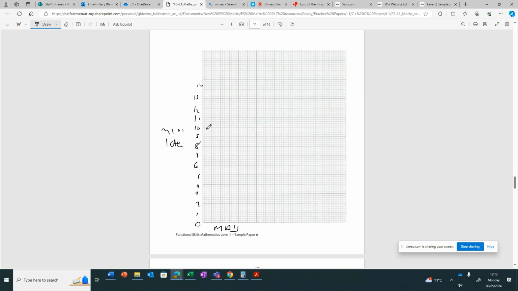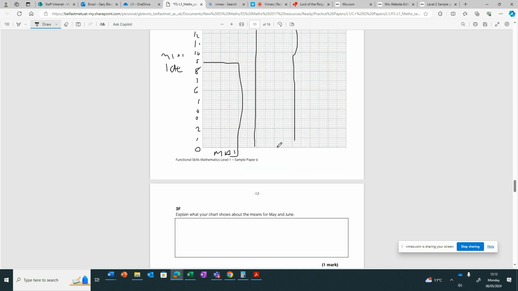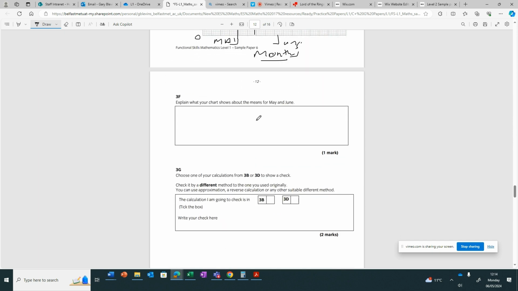And May was 9, so there's 9 there. And June was 14. Down we go. Use a ruler in the exam, obviously. These are months, so make sure you label them, and make sure you get your scale right.